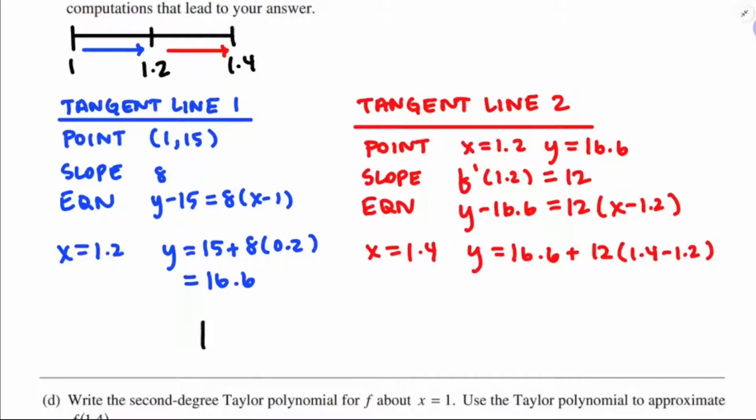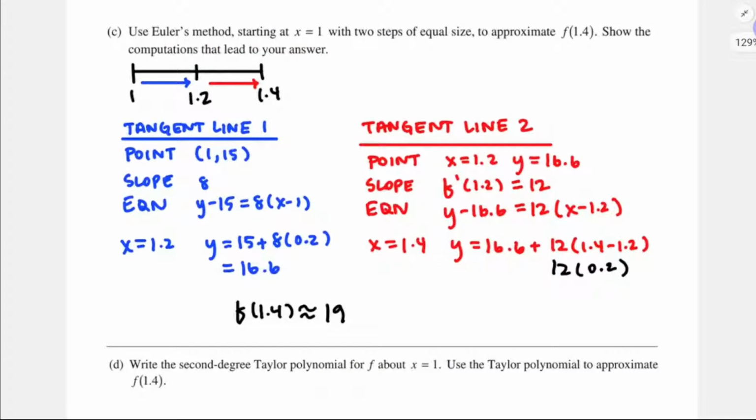I'm going to just kind of combine all of my work here and say f of 1.4 is going to be approximately equal to, all right, what would this be? 12 times 0.2 would be 2.4, plus 16.6 would be 19. Okay. But if you're cautious about that arithmetic, maybe rightfully so, feel free to not do it and just throw a box around your unsimplified answer.